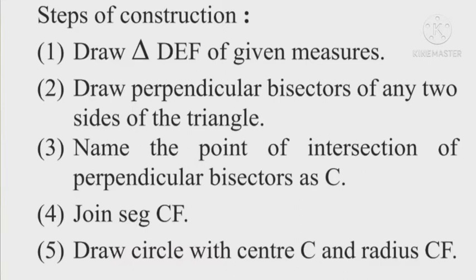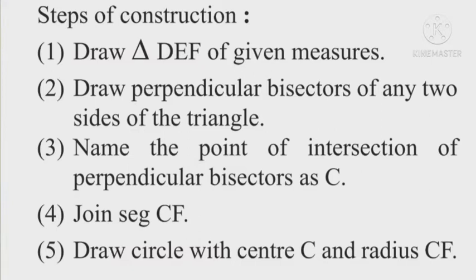Next, draw the perpendicular bisector of any two sides of the triangle. You know that in a triangle there are three sides. Out of these three, select any two sides and draw their perpendicular bisectors. You know how to draw the perpendicular. That is the second step. The third step, name the point of intersection of the perpendicular bisectors.